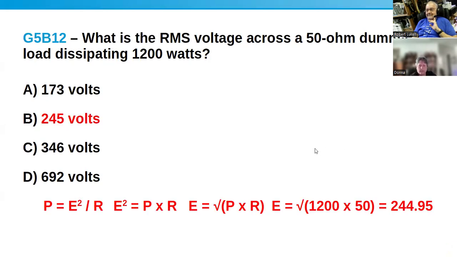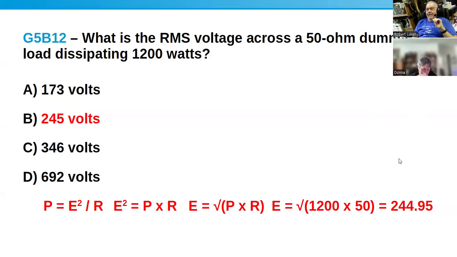I don't know that I got that formula right, because you had to square it, divided by R, and then square root it again. Is that what you did? I think I did. We got the right answer. I actually got 24, so I didn't do something right. I didn't punch in the numbers right. But I had the right formula.